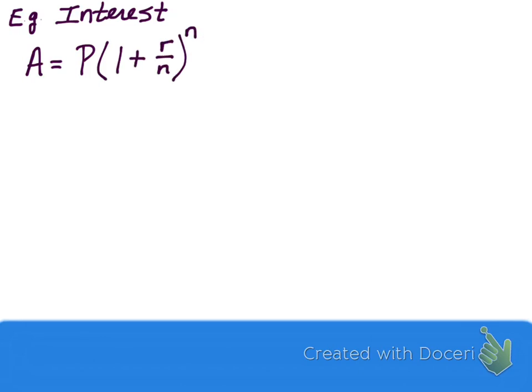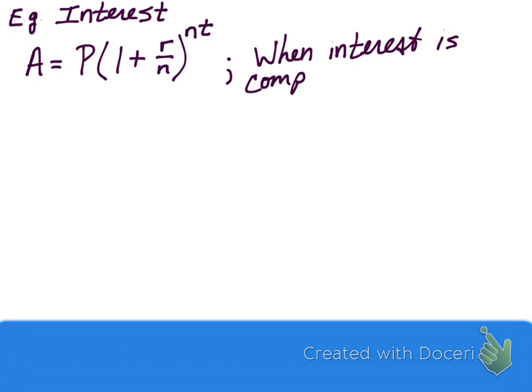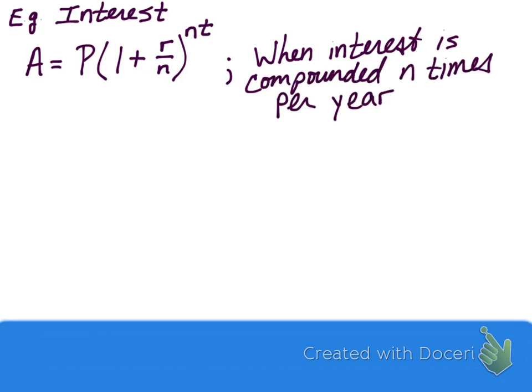Our last example is talking about interest. So this might be interest for a savings account or for credit cards. The first formula that we have is A equals P times the quantity 1 plus r over n raised to the nt power.